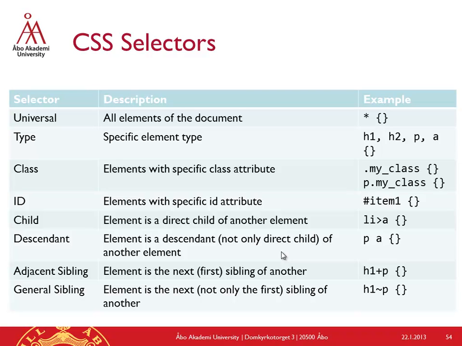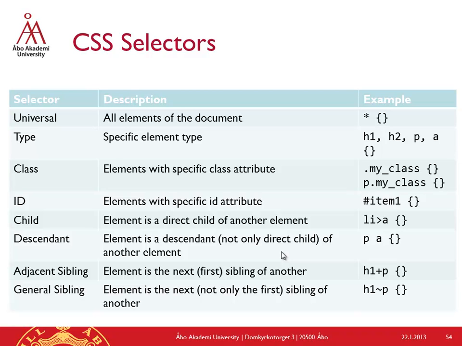Another more useful selector of a specific element is the so-called type selector. It's connected to a specific tag, for example, H1 or P paragraph. Another one is the class selector. Elements are selected by a specific class, by the value of the class attribute of the element. For example, it might be done like this.